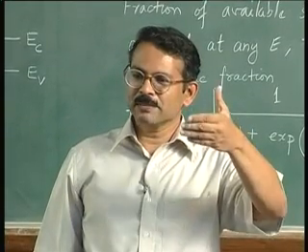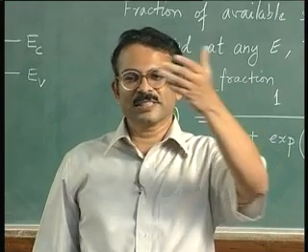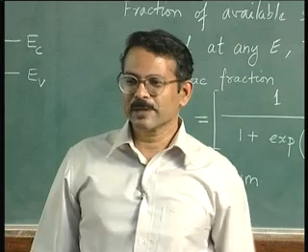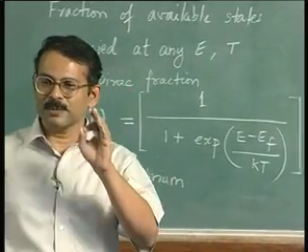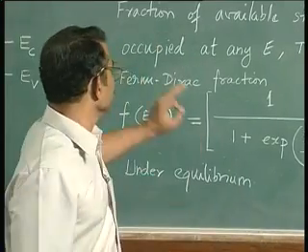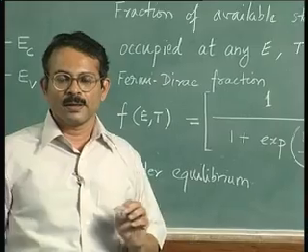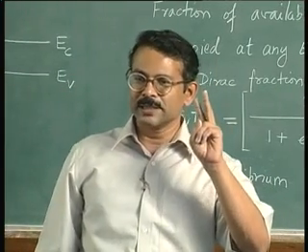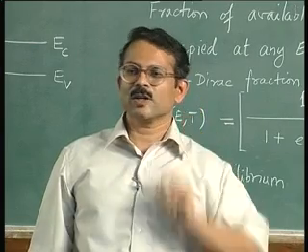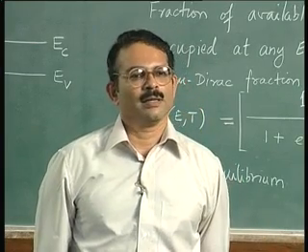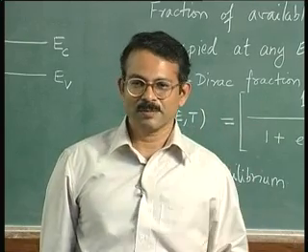The Fermi-Dirac derivation assumes that no two electrons can occupy the same energy, whereas the Boltzmann derivation assumes that any number of electrons can occupy the same energy. So that is the physical difference between the two.